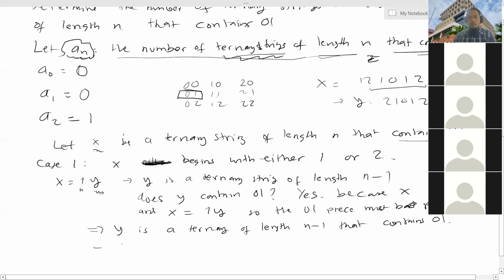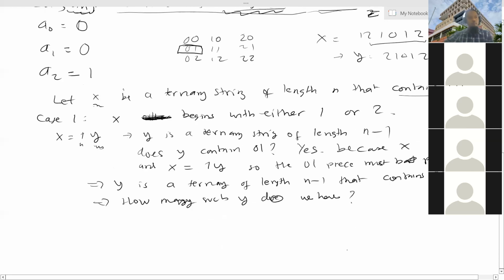And then how many such y's do we have? How many?